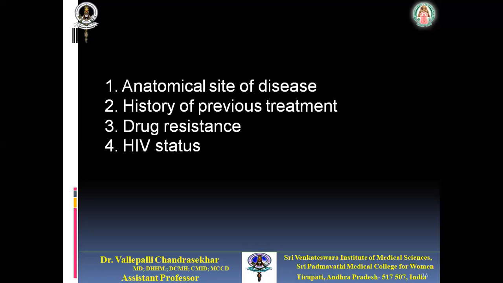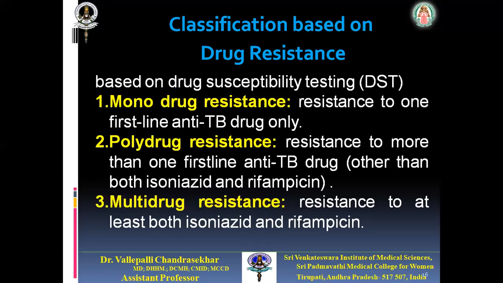Okay, so the focus of today's discussion is drug resistance. We will see what drug resistance is in the case of TB. We can classify based on drug resistance into 6 varieties broadly, based on drug susceptibility testing. The first one is monodrug resistance.